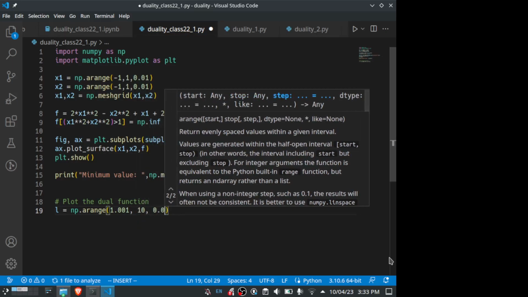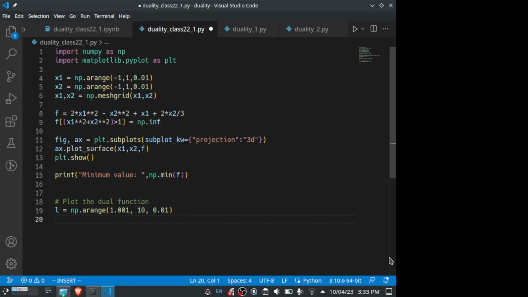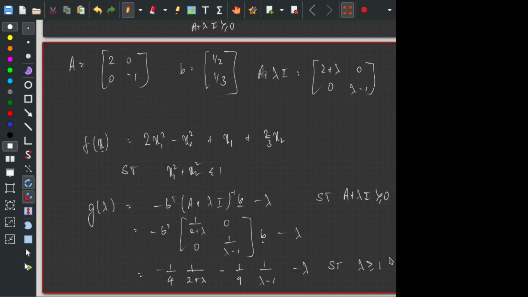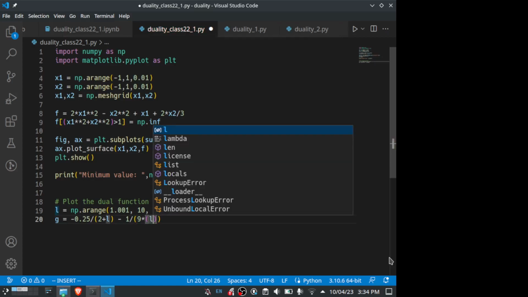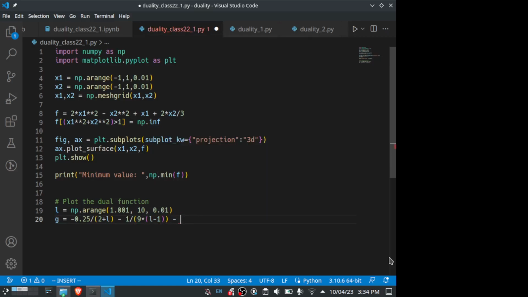Then G is 0.25 by 2 plus lambda, minus 1 by 9, minus lambda.